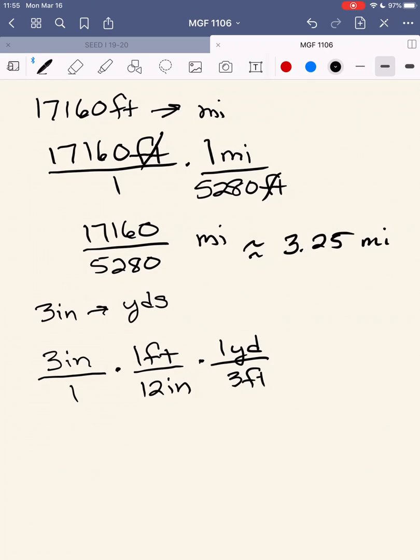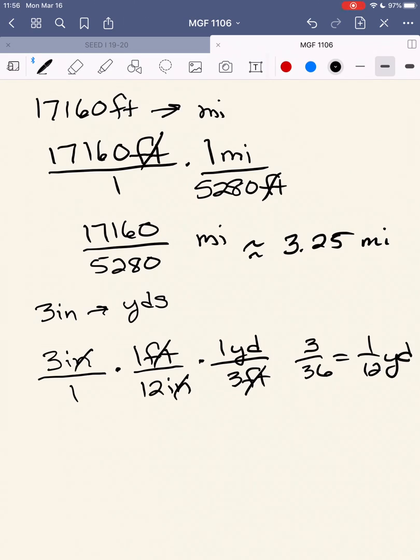My inches are going to cancel, and my feet are going to cancel, leaving me with just yards. When I multiply straight across, I get 3 on top, and on the bottom I have 12 times 3, so I get 36. That converts to 1/12 yards.